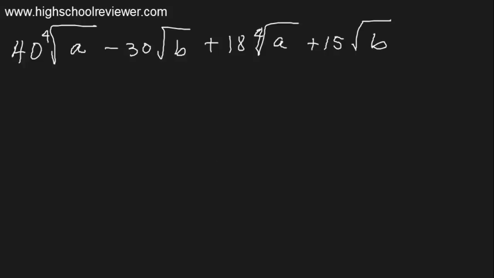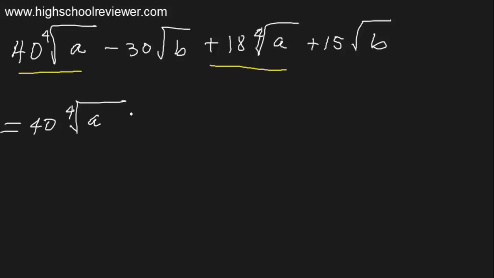Now remember that we can only add radicals with the same radicands. So we can add 40 fourth root of a, as well as plus 18 fourth root of a.